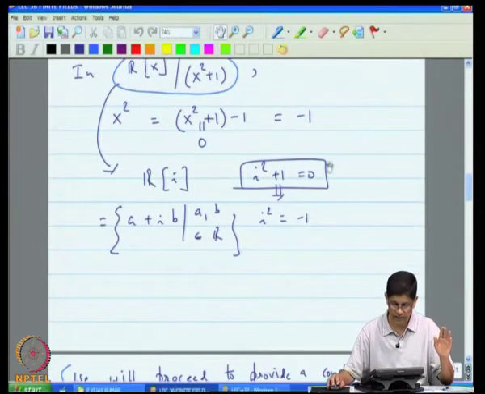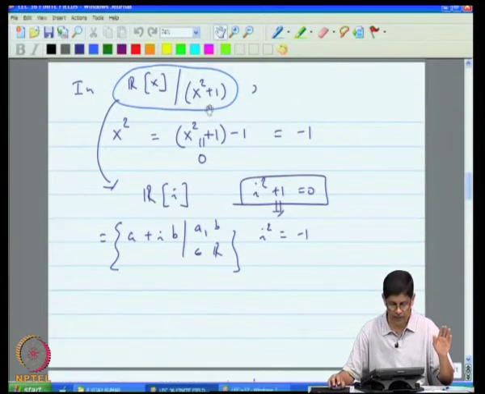Instead of that, we bring in a fictitious element i having the property that i squared plus 1 equals 0. And the moment we do that, this assumption, this fictitious element, because this is equal to 0, it takes care of the requirement that we discard multiples of x squared plus 1.